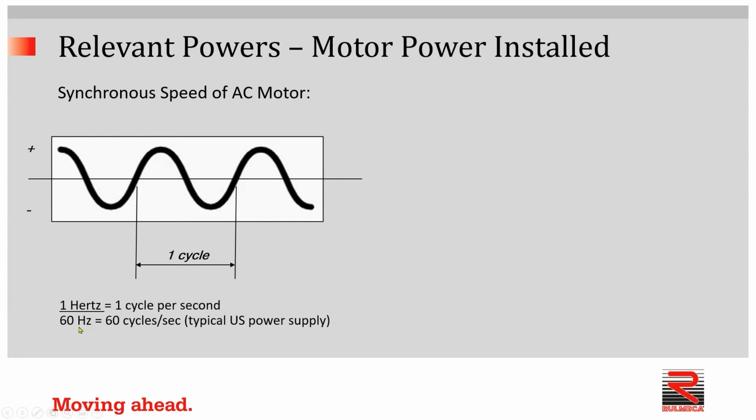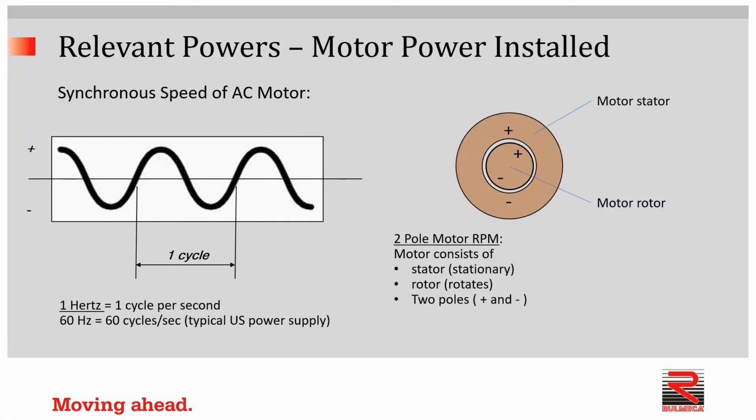That's why we refer to a system as 60 hertz. So 460 volts defines the voltage, and three-phase defines the number of phases. Another type of power supply could be single phase. We're talking about three-phase in this example, and we would specify the frequency.